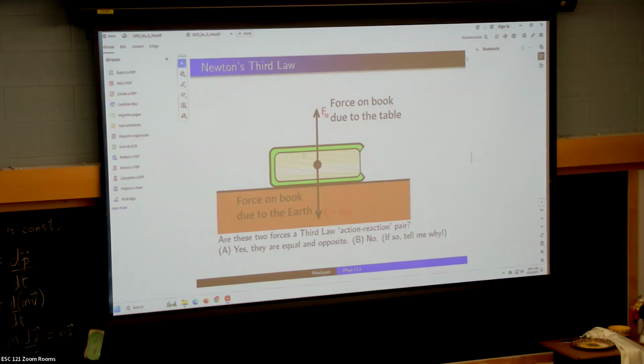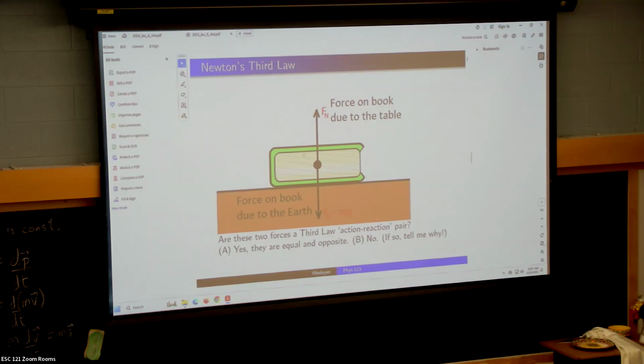The reaction force is... I think it's B, because the reaction force to the book should be... different objects.